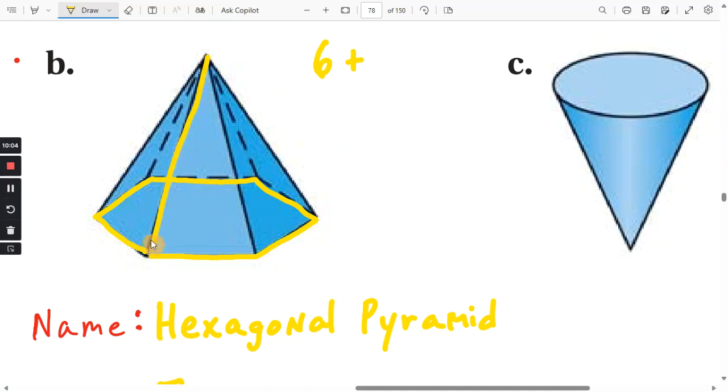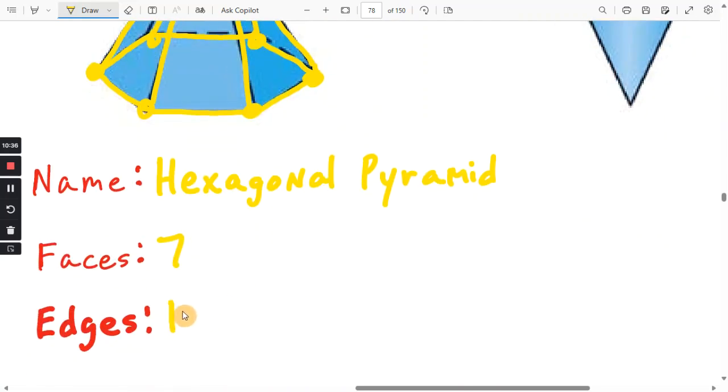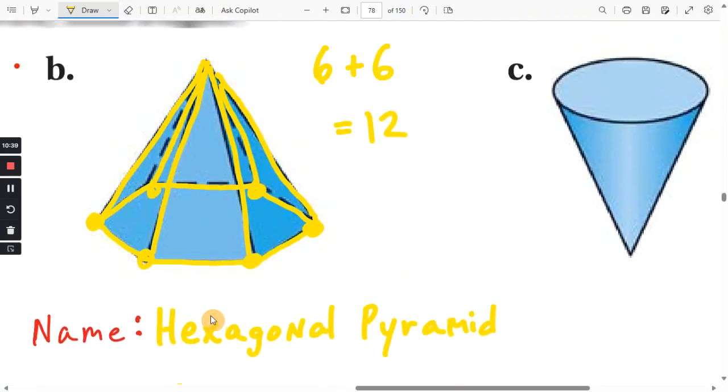Yes, it has to be. 1, 2, 3, 4, 5, 6. How did I know there were 6? Because the hexagon has 6 sides, and if it has 6 sides, it has to have 6 points or vertices. So it's going to be 6 plus 6 for the number of edges, which of course is 12. So the number of edges is clearly 12.